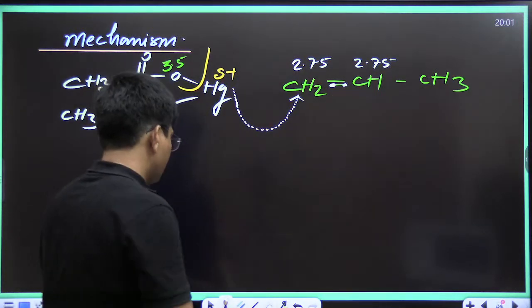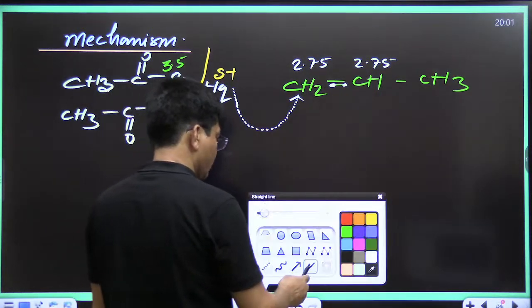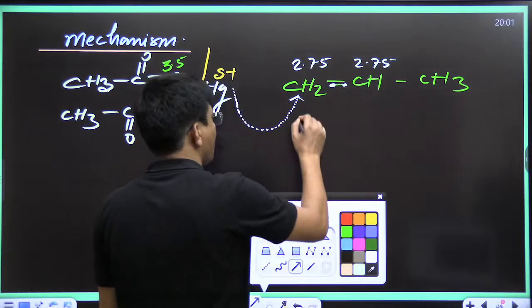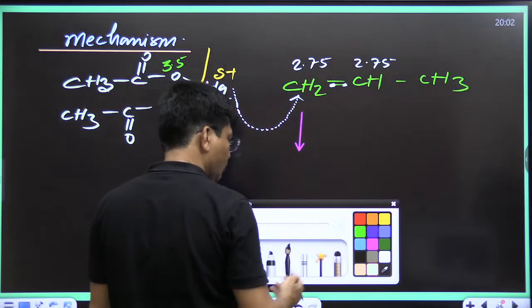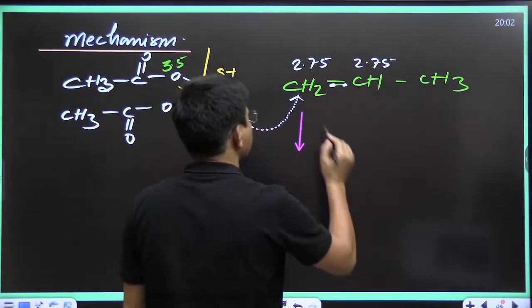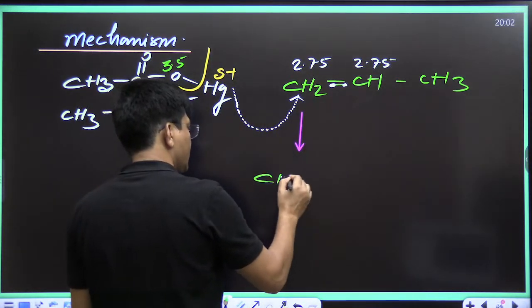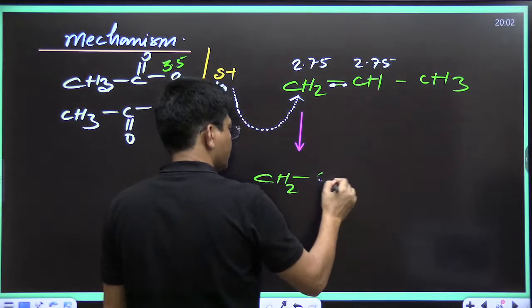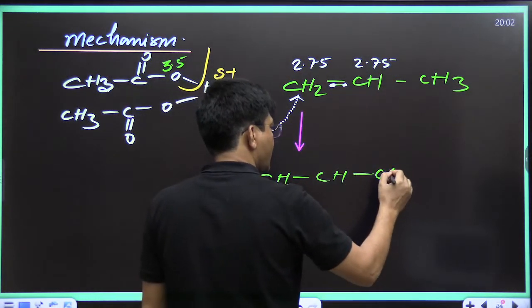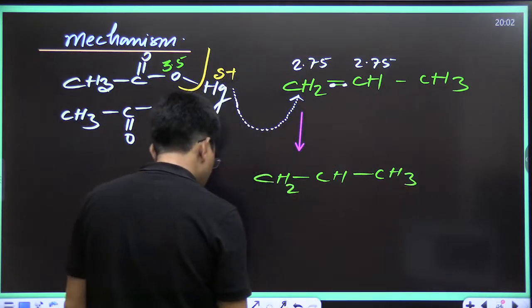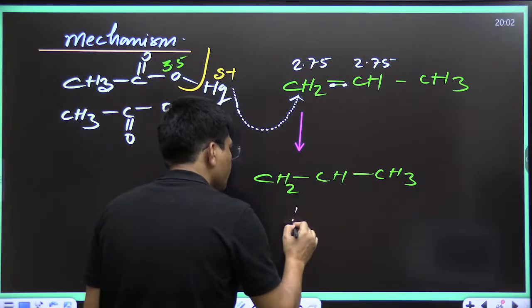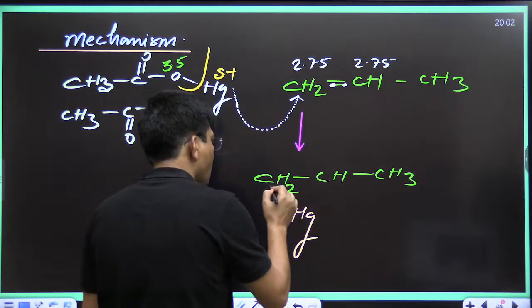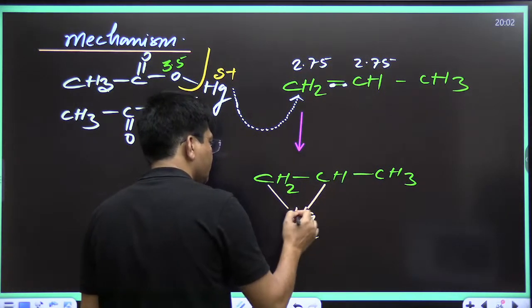Now see what the story is and how the story is going to move, my dear friends. Are you able to understand what I'm telling you? Now see kids, the story will move like this. CH2, CH, CH3 and mercury will come in the life of both. Both started thinking, oh, mercury is mine, mercury is mine.